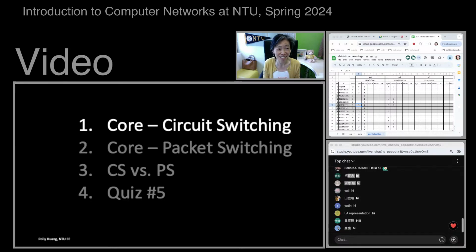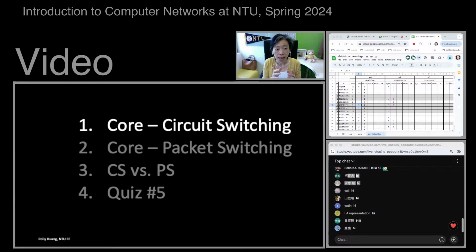And the internet is the network we'll be talking about the whole semester. So we'll be spending quite a bit of time there talking about packet switching. And the last one is also going to be short. It's to introduce the structure of the internet, and you will see how the internet evolves from the older times to the modern times.